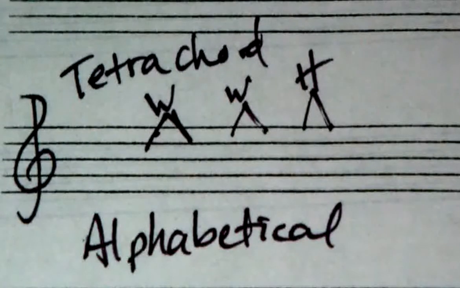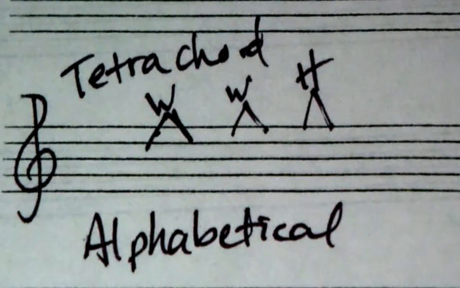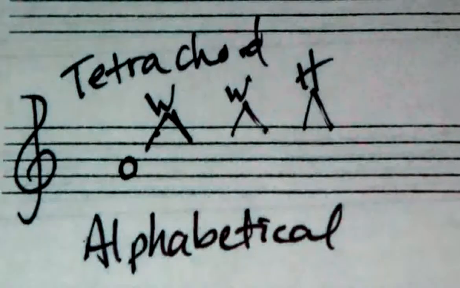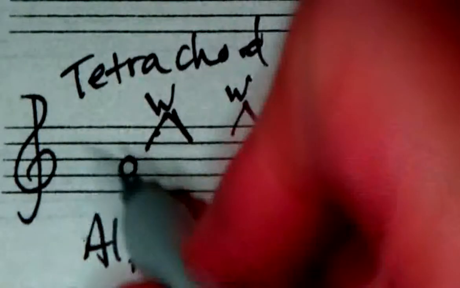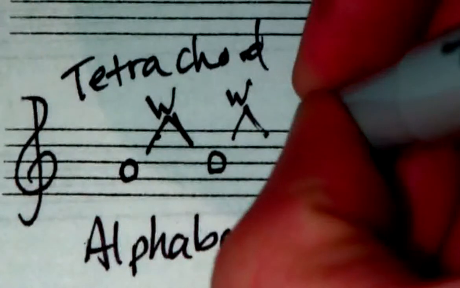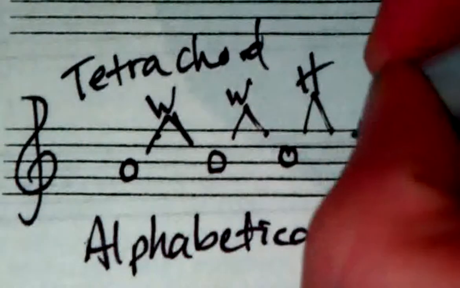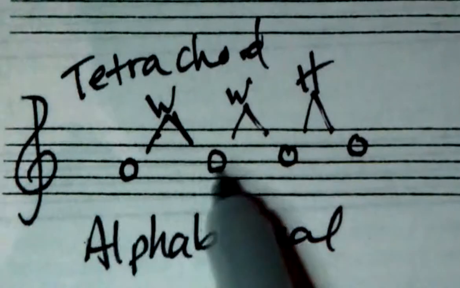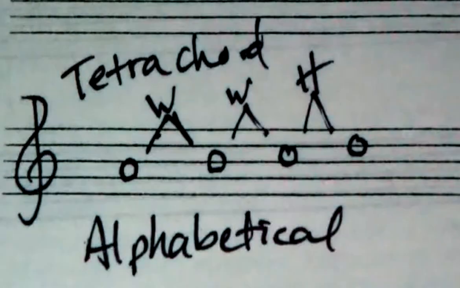For example, if I choose to create a tetrachord starting on an A, I know that the 4 notes that I'm going to use are going to be A, some sort of B, some sort of C, and some sort of D. A, B, C, D, alphabetical.